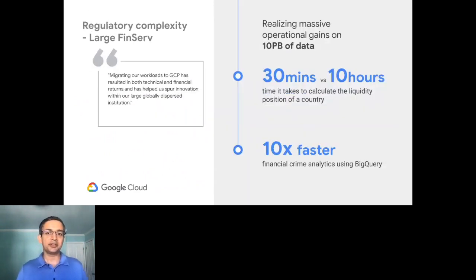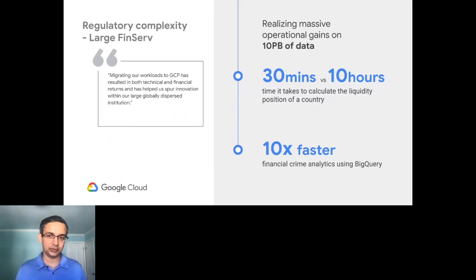The third complexity with scale I wanted to show was regulatory. So we have a really large FinServ client that needs to run liquidity analysis. They need to calculate the liquidity position of their bank in each country they serve. And they work on 10 petabytes of data, but the calculation was taking 10 hours for each of them.